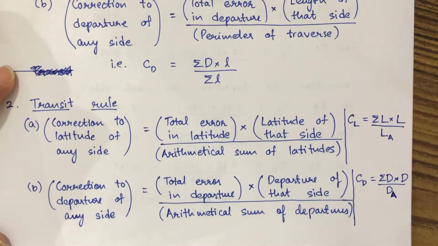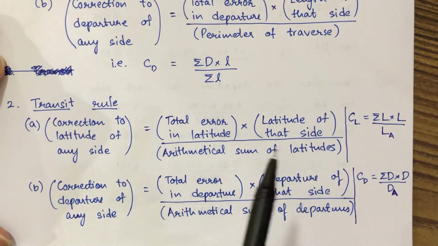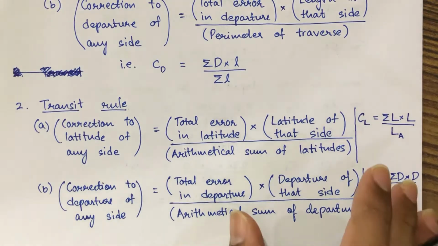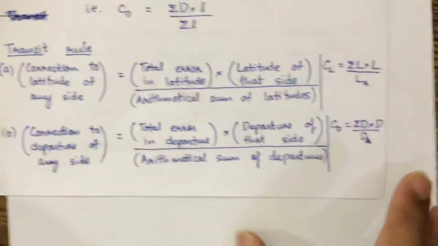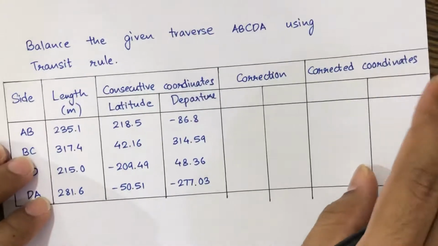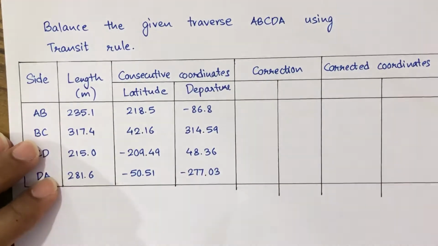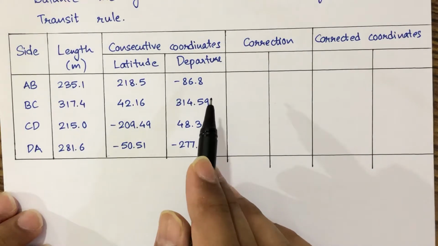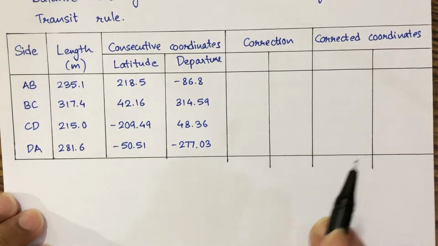Based on this transit rule, let us solve one numerical to balance the given traverse. We will do the same numerical that we did in the previous video. Balance the given traverse ABCDA using transit rule. This is the same example that we took in the previous video.